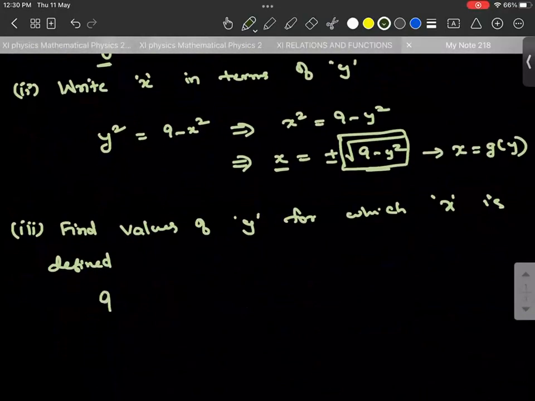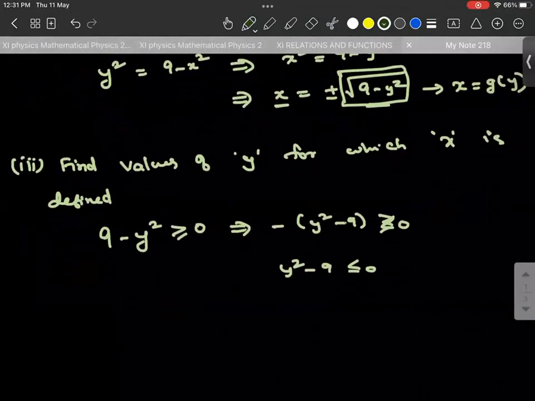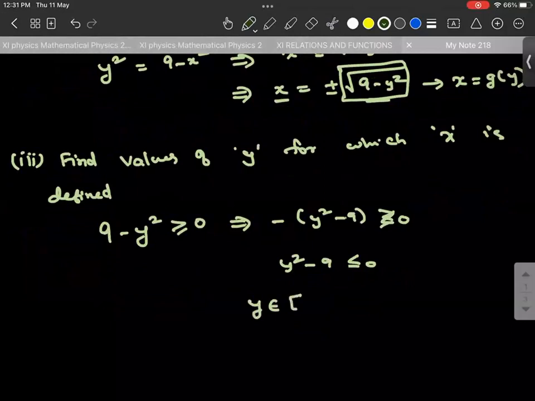So what should I write? 9 minus y square greater than or equal to 0. Then minus of y square minus 9 is greater than or equal to 0, so y square minus 9 is less than or equal to 0. When you solve this, you will get y belongs to -3 to +3 only.